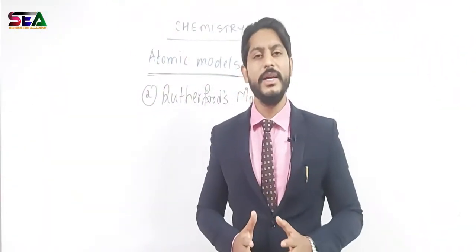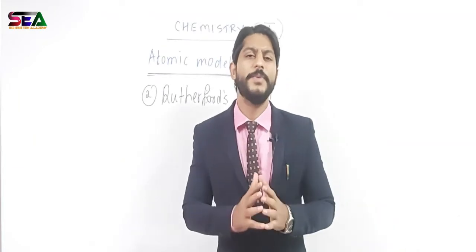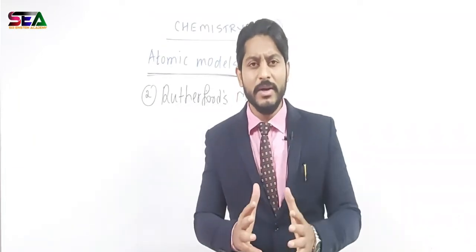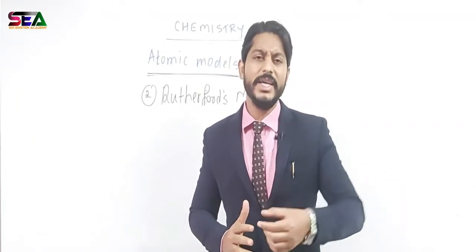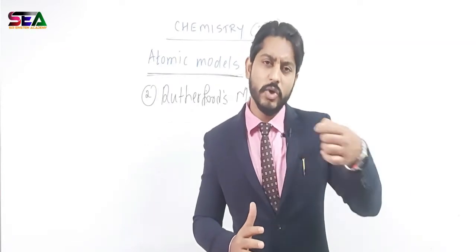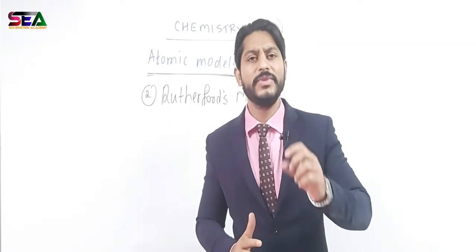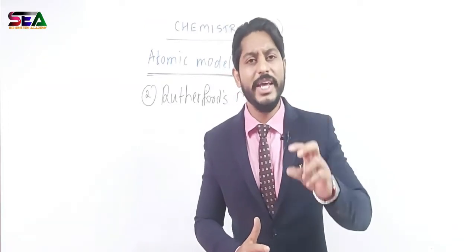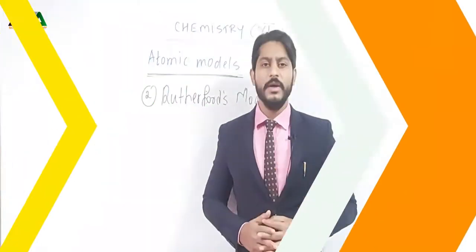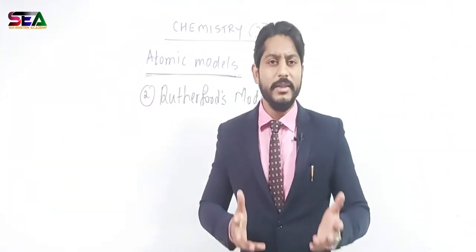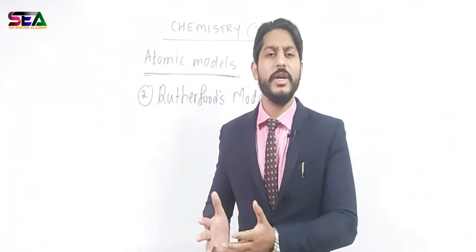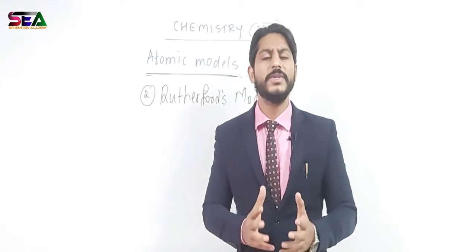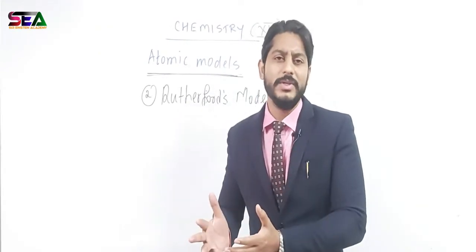This supported a high amount of empty space inside the atom, and as some of the rays were deflected back, this also supports the presence of something hard in the center, which he named the nucleus. With these observations, the existence of Thomson's model was ruled out.